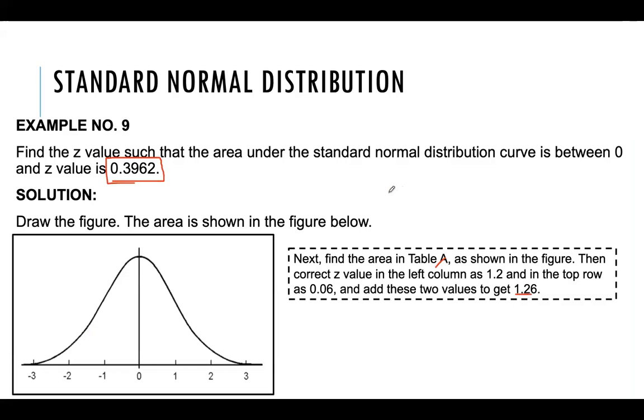So the given area under the normal distribution curve from 0 is 0.3962, and based on table 2.9, the z value is 1.26.